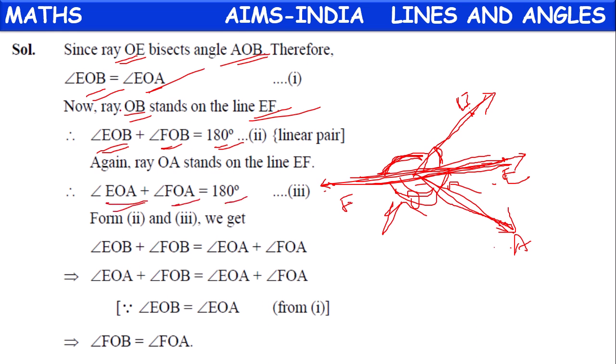Now, because this is equal to 180 and this is equal to 180, EOB plus FOB equals EOA plus FOA.